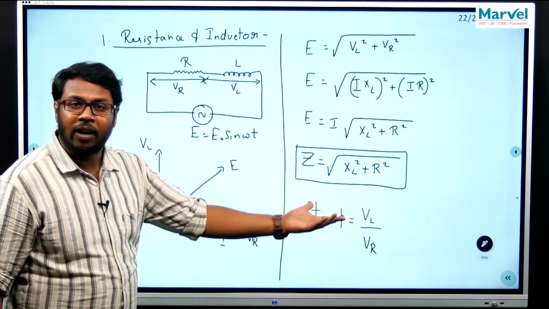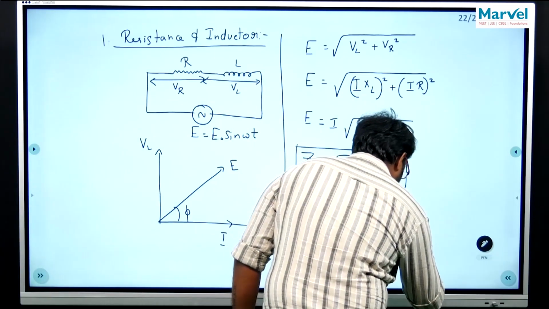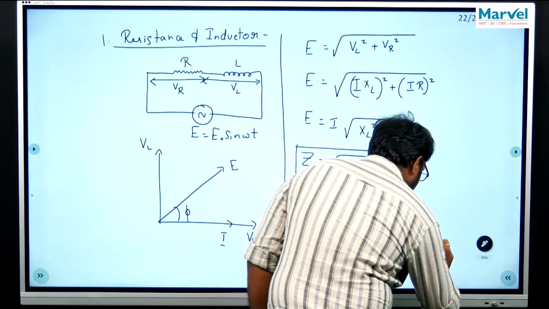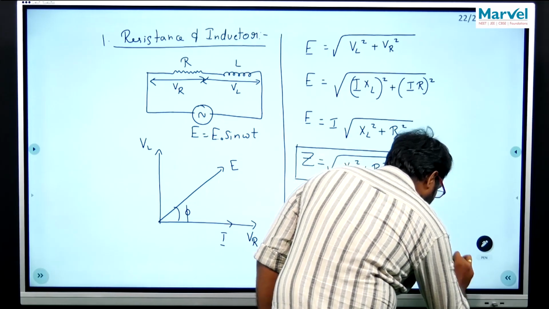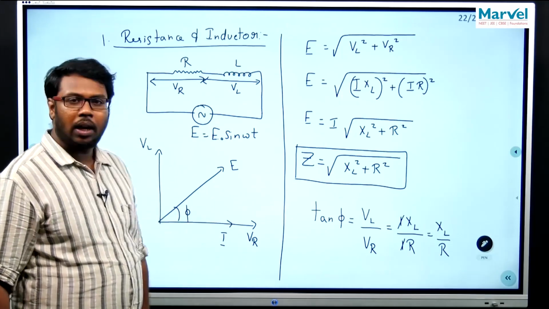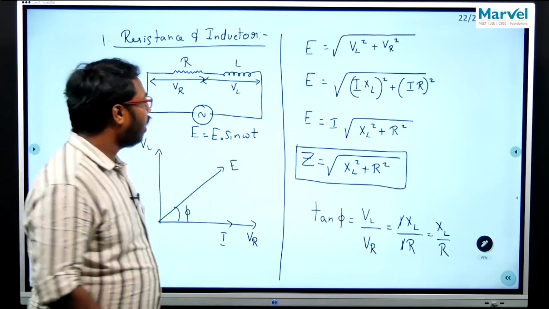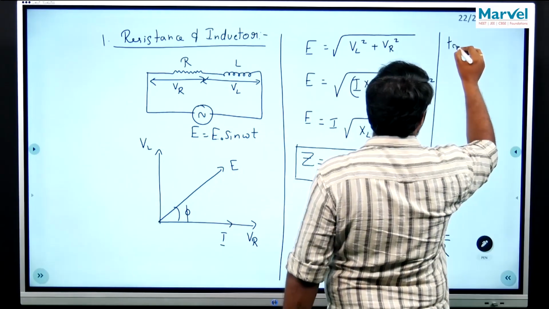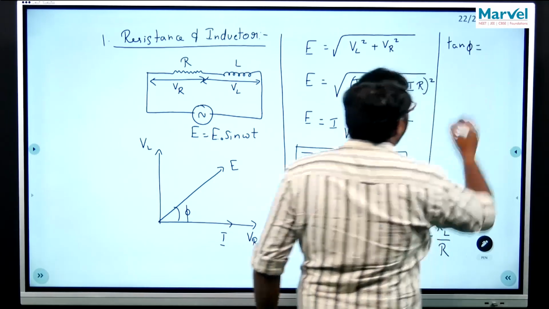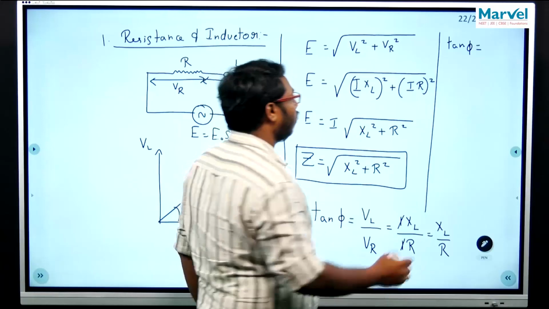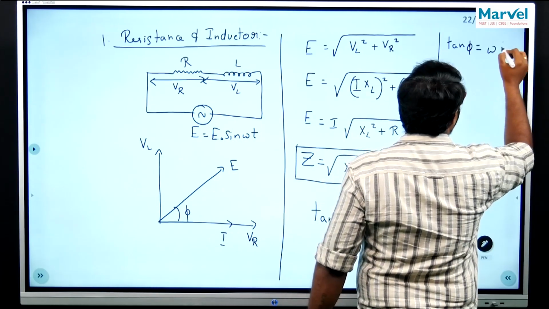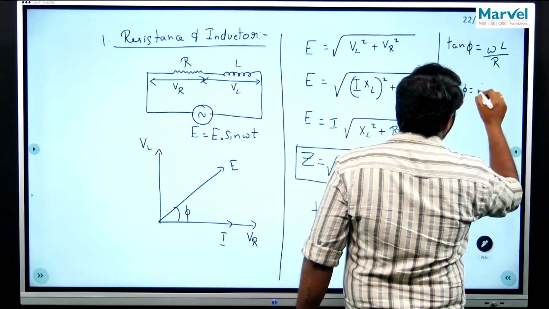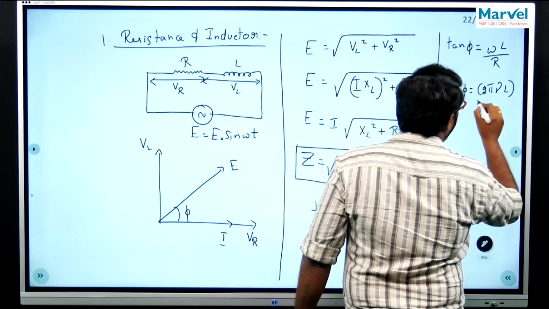It is equal to I XL by I R, the I's cancel, which is equal to XL by R. Again, how will you rewrite your XL? XL could be rewritten as omega L, so it is omega L by R, and omega could again be rewritten as 2 pi mu, giving 2 pi mu L by R.